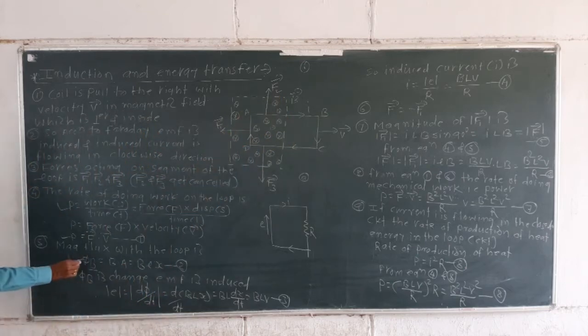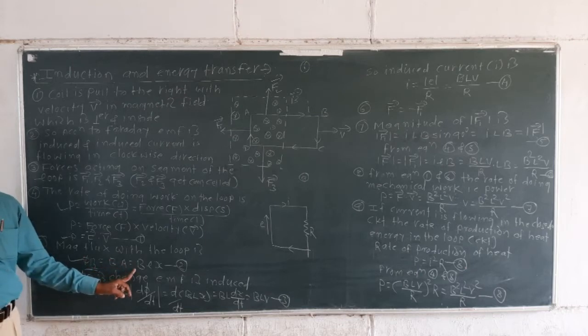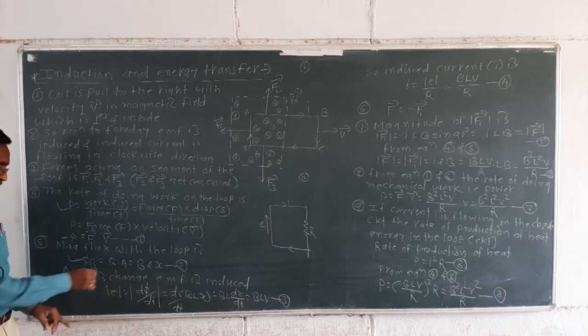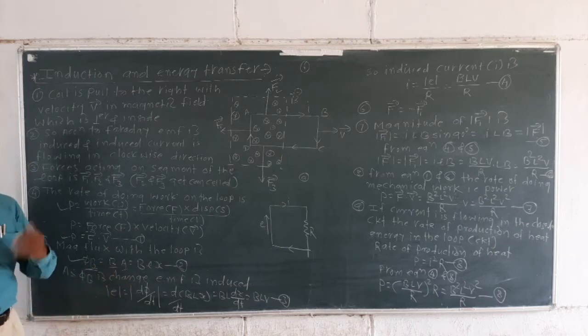So the magnetic flux related with the loop is B dot A. Already in the introduction of this chapter we have seen how we determine the magnetic flux. So magnetic flux is equal to B dot A, that is equal to BA cos theta. The angle between B and A is 0, and cos 0 is 1.